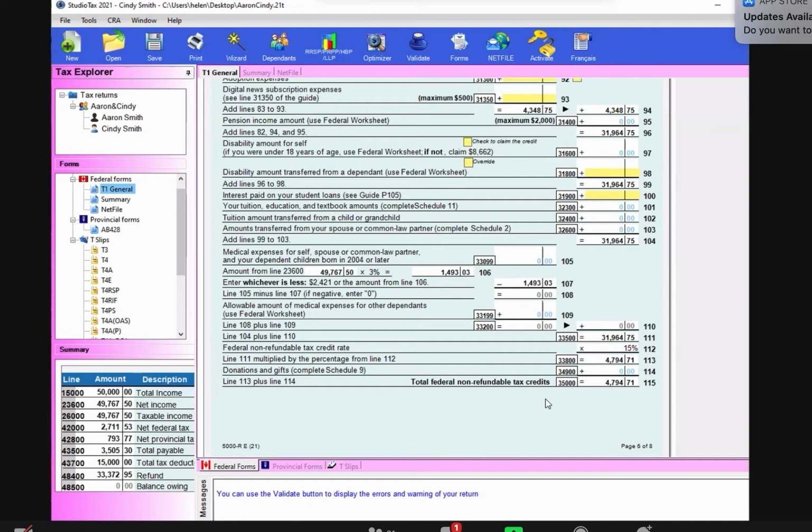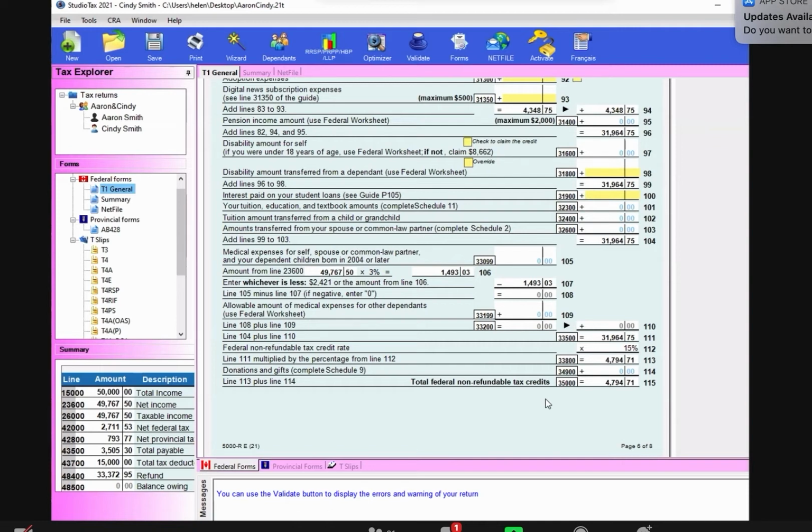Now we think about line 109. If you put the credit on the person with high income or on the person with low income, is the credit the same or different? The first thing you need to do is calculate the credit, how the credit is calculated.